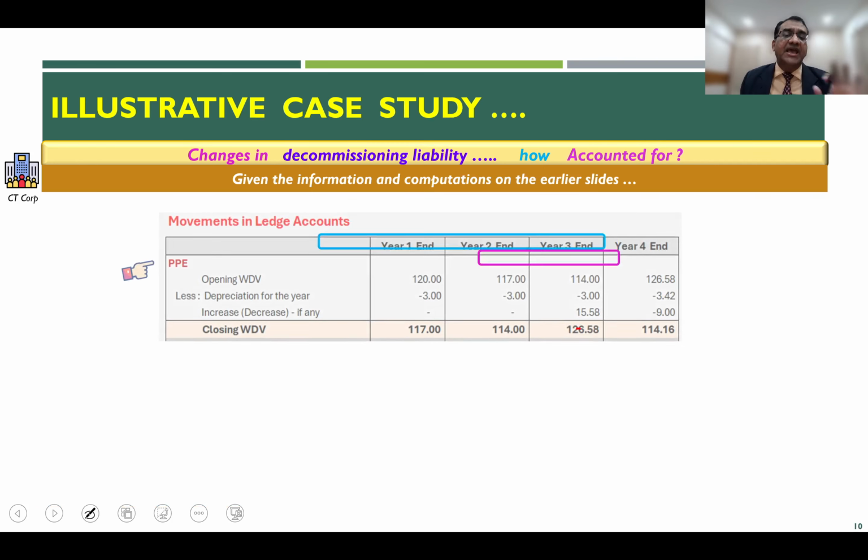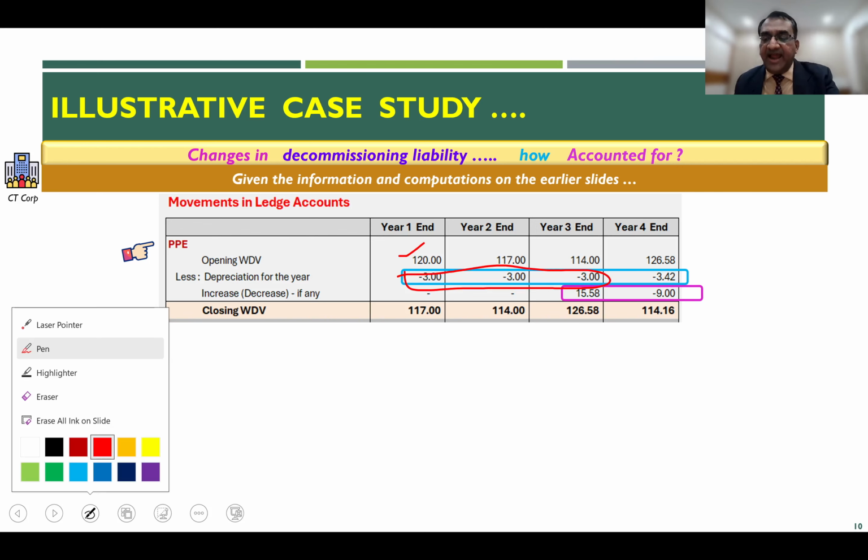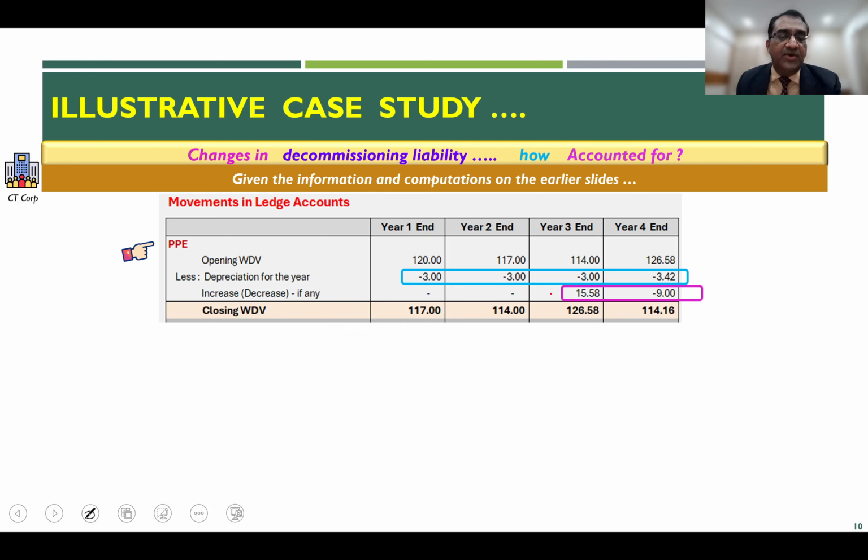So given this information, how will your ledger balances work out? When you look at the PP&E for all the 4 years, you started with 120. For the first 3 years, you will record depreciation of 3 million each. But then, at the end of the 3rd year, you record this revaluation gain, debit PP&E.